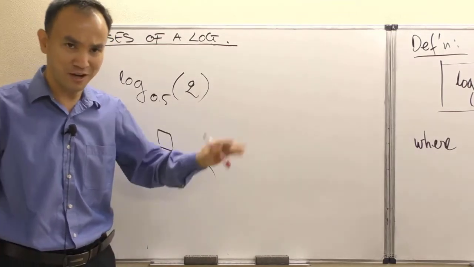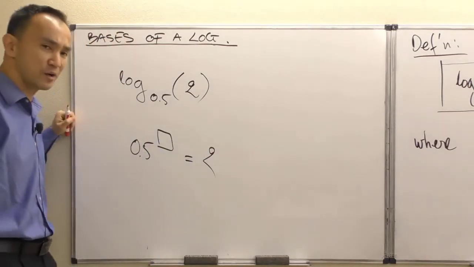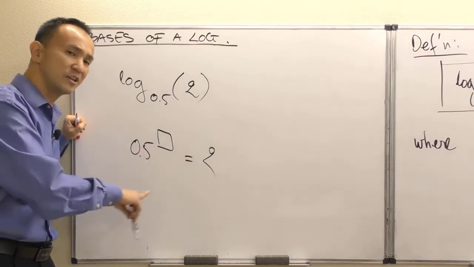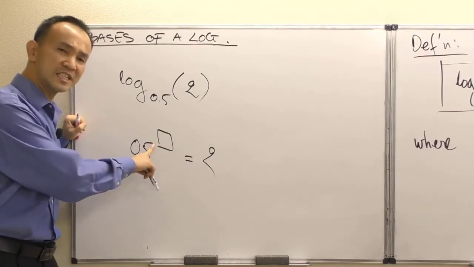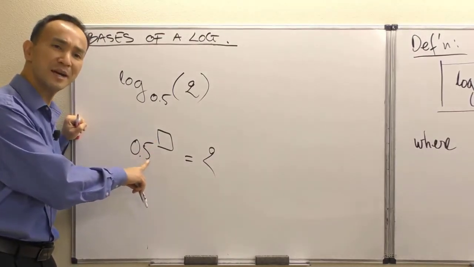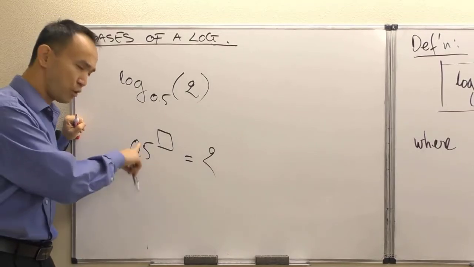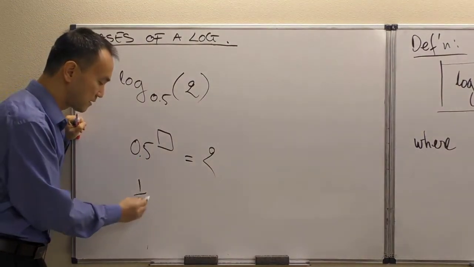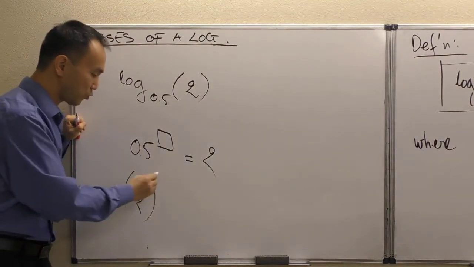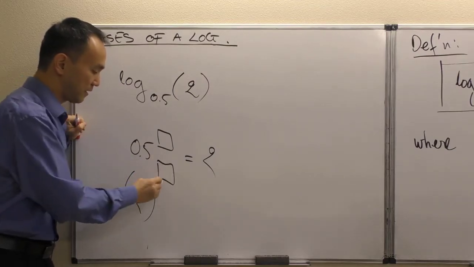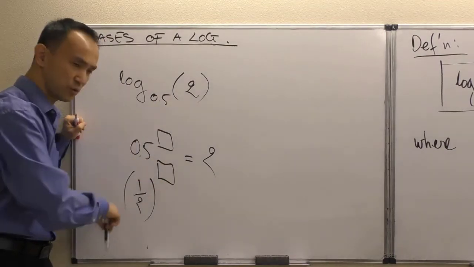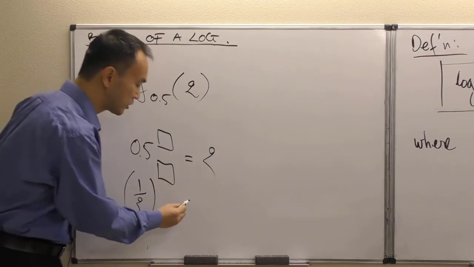No, I'm still not going to switch over to my calculator yet. We can still do the math mentally. 0.5 is 1/2. So another way of saying that: what power of 1/2 equals 2?